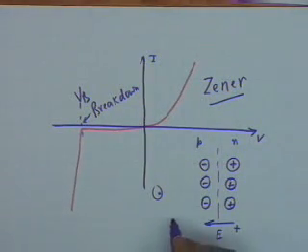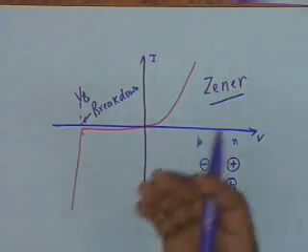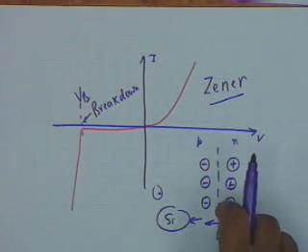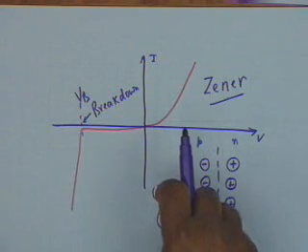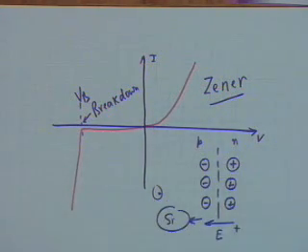There is a neutral silicon atom here, and this hole collides with it. In a collision there is a sharing of energy, and if the hole gives some of its energy to the silicon atom, it might give 1.1 electron volt to an electron, and it might be set free.